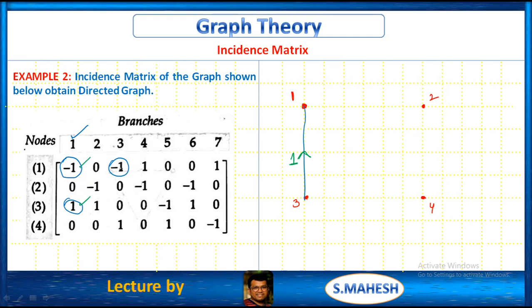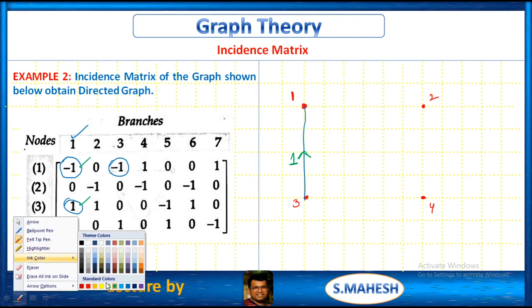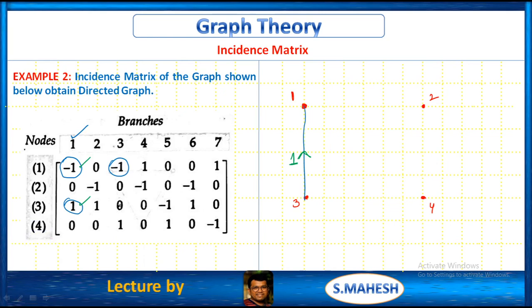Next, what about this 3 1, which is nothing but between 3 1. Branch 3, node 1. It is from node 4. See, at this, branch 3 is away from this node 4.